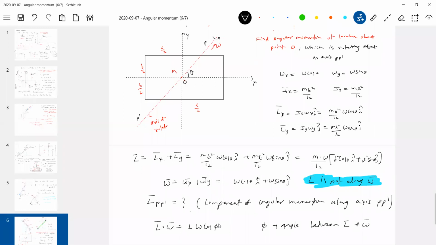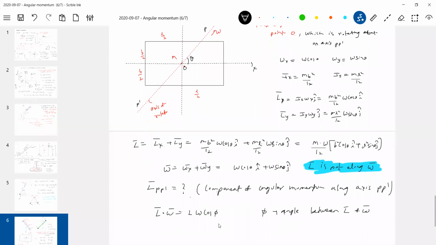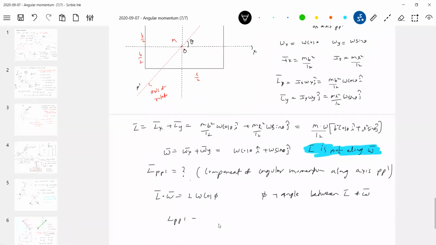The component of L bar along the axis. Therefore L pp dash is equal to L cos phi, which is equal to L bar dot omega bar by omega. I think all of you know how to take a dot product. L pp dash is not equal to L, that much I can say.